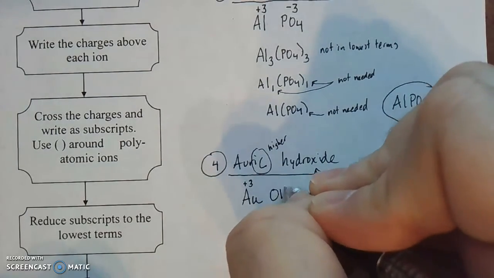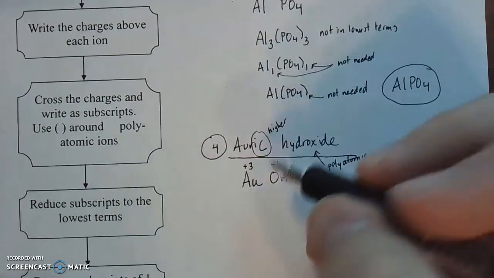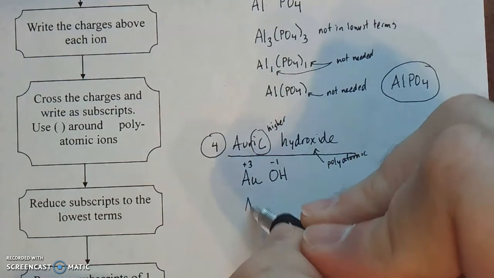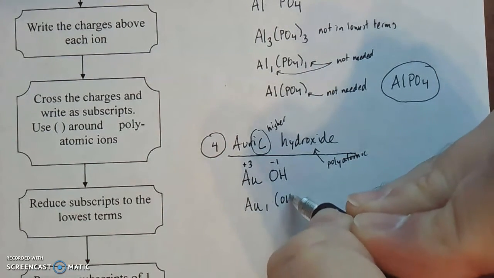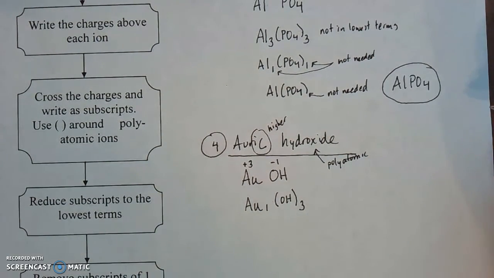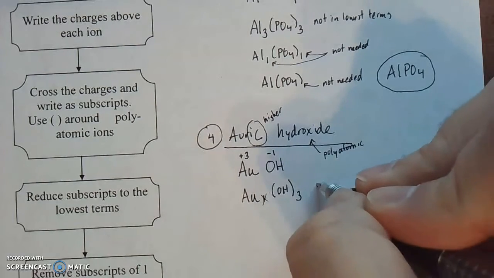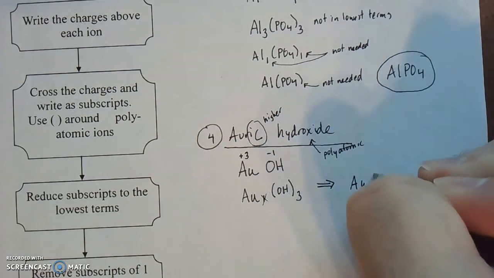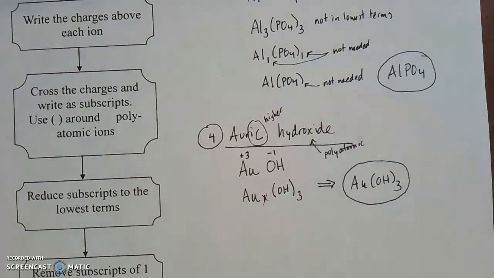It's OH and a -1 charge. So when we cross the charges, Au has a 1. We have to put parentheses around the OH and put a 3 there. But we know that that 1 is not written, so we end up with Au(OH)3 as our final answer.